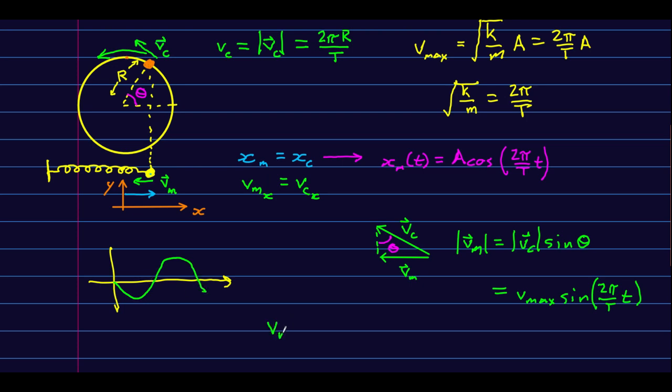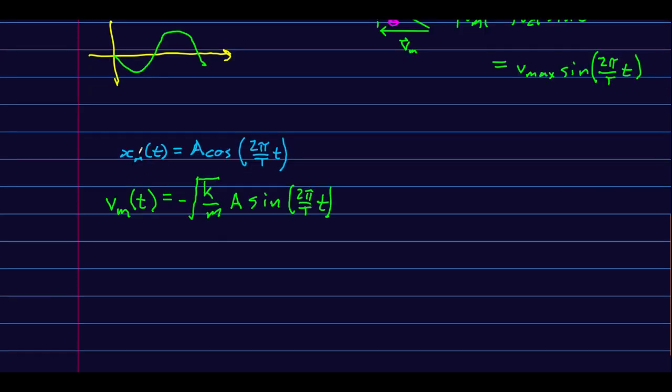So overall we have that v of the mass on the spring as a function of t is negative Vmax sine, where we already know how to write Vmax in terms of k, m, and A, or t and A, whichever is more convenient. So here I've rewritten these one above the other so you can see the similarities, and I've chosen one of the possible ways I could have written v.